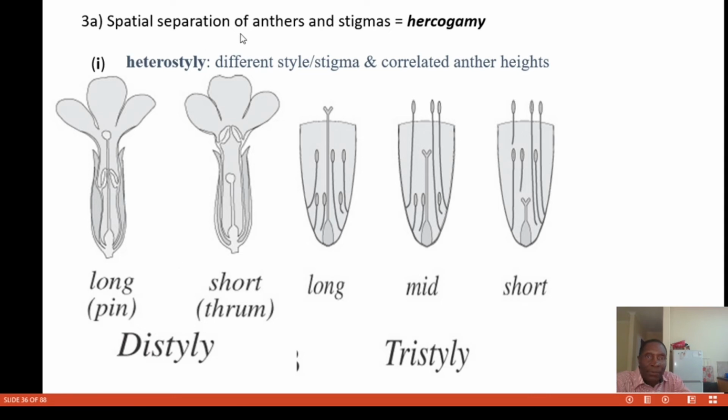For example, here, an example of hycogamy, again, we have different style of stigma and correlated anther heights. As you can see, long pin, long pin. Then we have short thrum. Then we have long tristele. Then we have mid. Then we have short. Various.